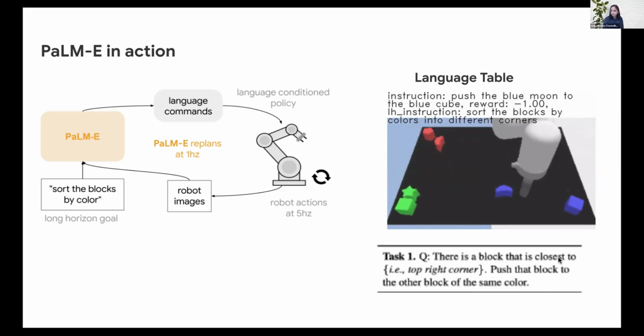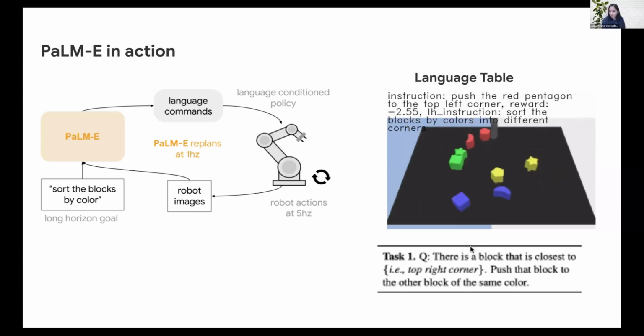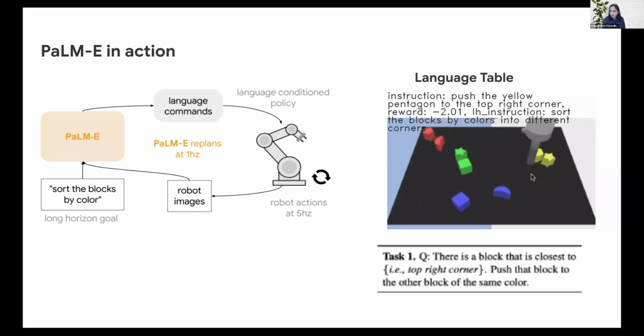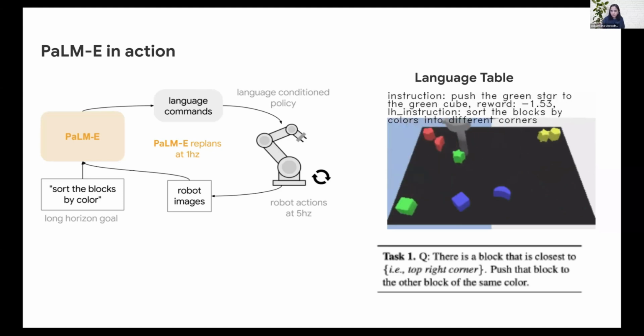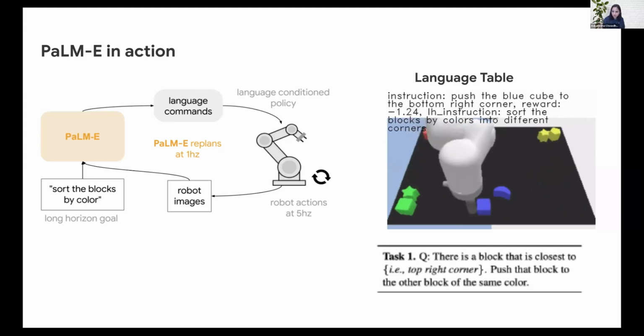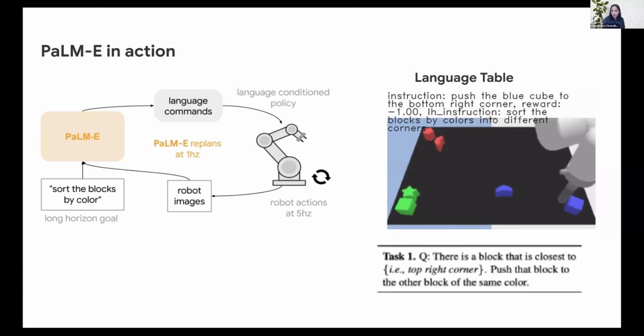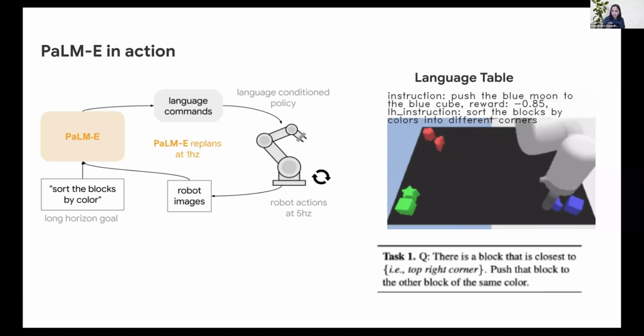Don't look at the task 1 aspect, but basically it's sorting the blocks by color and generating these language commands, and an action policy is essentially actuating that with the robot. And then based on the feedback, it is doing a replanning step.